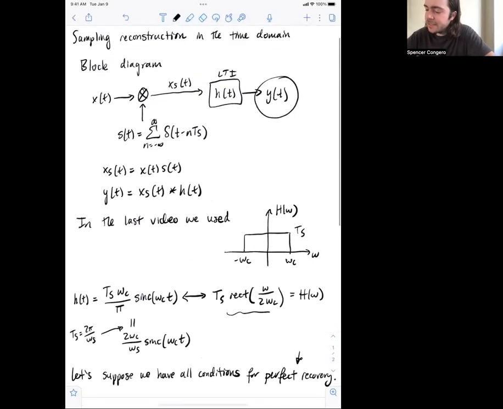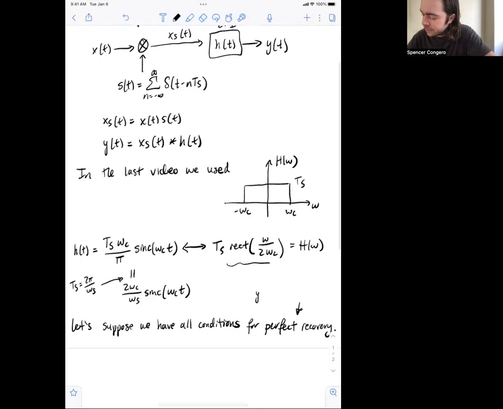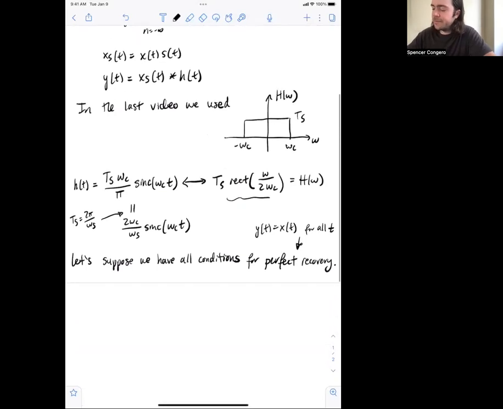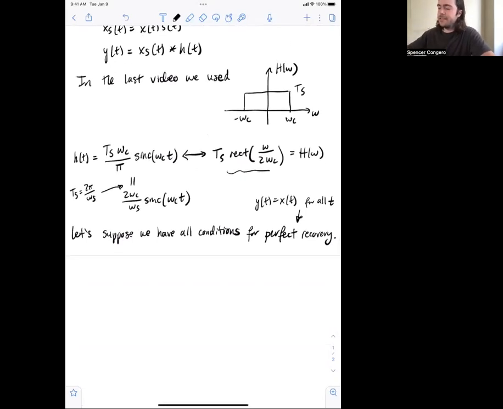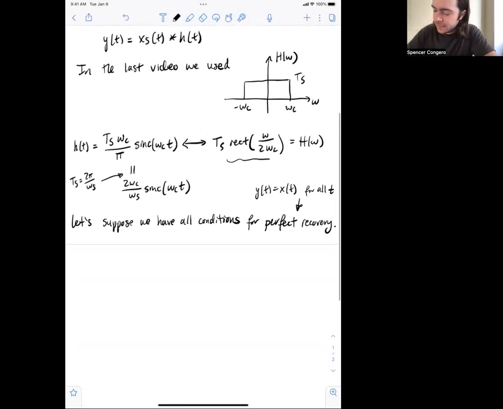Well, that means this y of t actually equals my original x of t. So in other words, y of t equals x of t, and of course that's for all t. That's what perfect recovery is. So that's what we're going to be looking at in this video, but we want to see what's happening in the time domain.